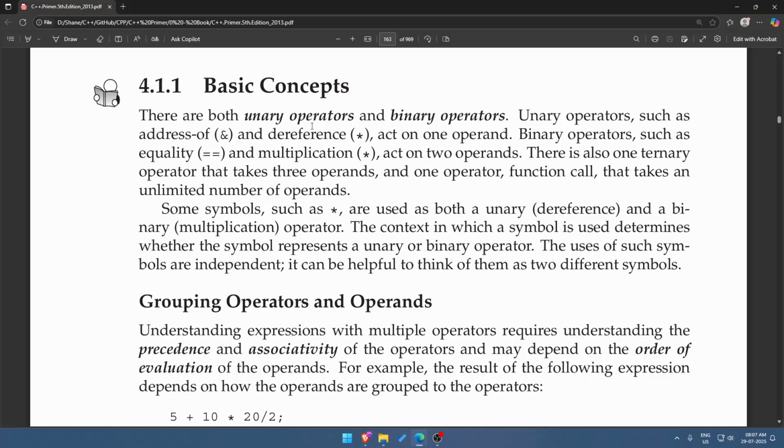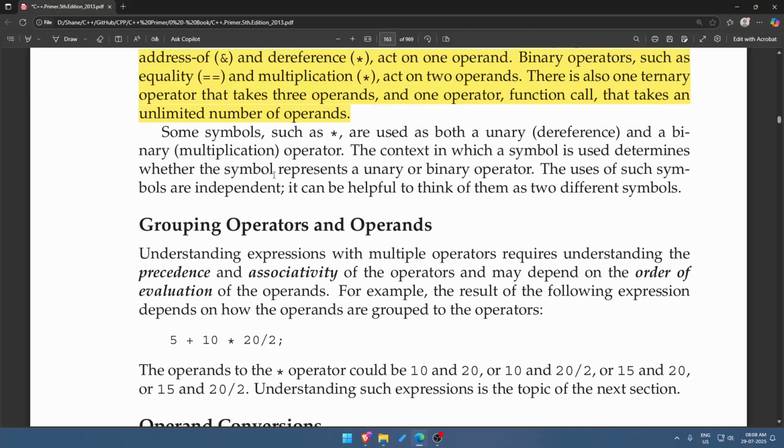There are both unary operators and binary operators. Unary operators such as address-of and dereference act on one operand. Binary operators such as equality and multiplication act on two operands. There is also one ternary operator that takes three operands, and one operator, function call, that takes an unlimited number of operands.